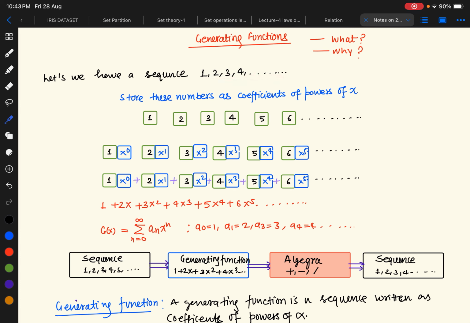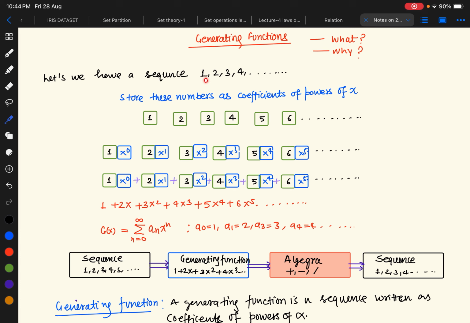If you are able to make a generating function, then several algebraic operations like plus, minus, or division can be performed between the generating functions. Directly, you cannot perform these algebraic operations among sequences. So generating functions allow you to do the same.